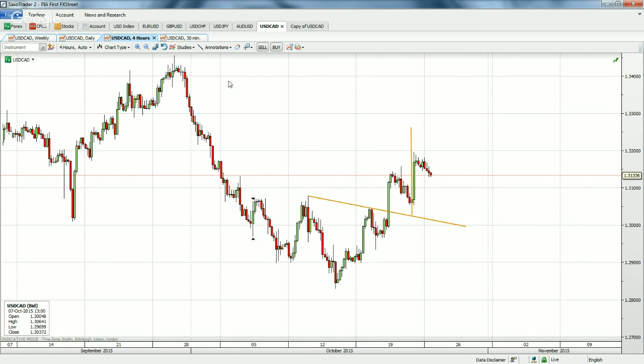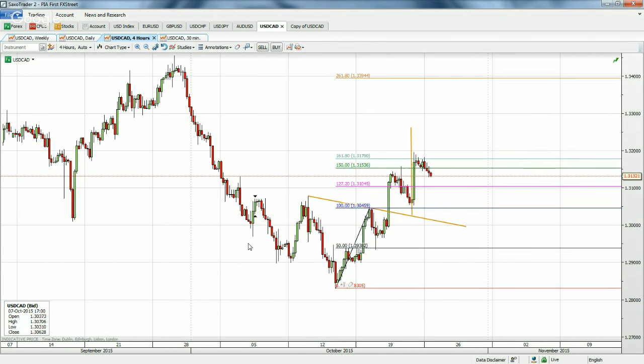This move lower this morning is a flag pennant formation. Again, it is seen from 161.8%.